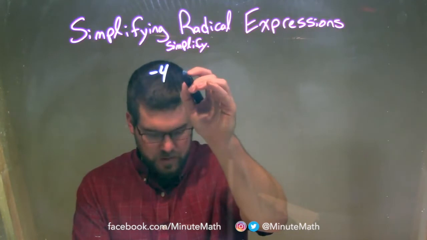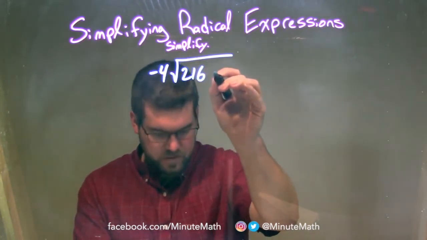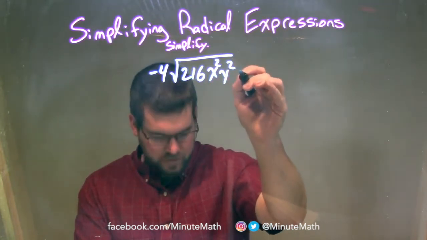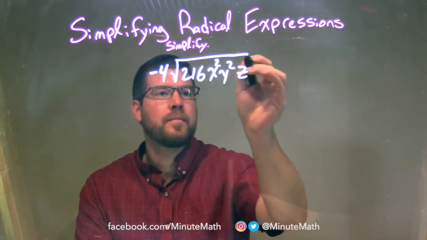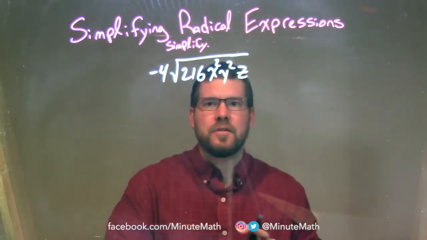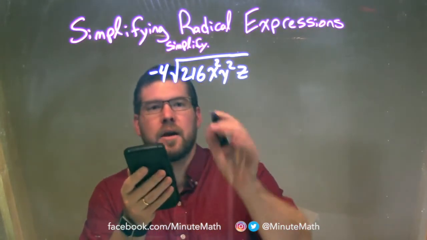Negative 4 times the square root of 216 x squared y squared times z. Okay? Well, what I want to do is break this down. 216, I know it's divisible by 2, so 216 divided by 2 comes out to be 108.